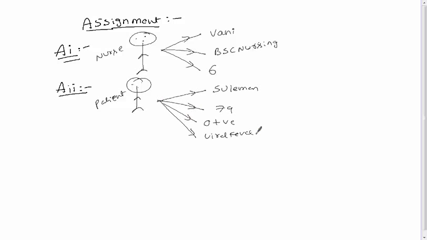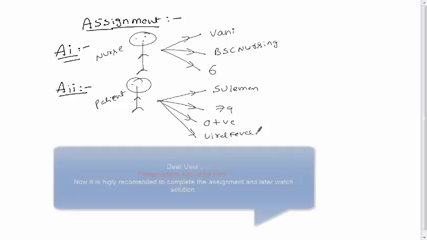Now you need to declare your patient class with this data. So the name of the patient is Suleiman, age of the patient 79, blood group of the patient O positive, and the disease of the patient is viral fever.